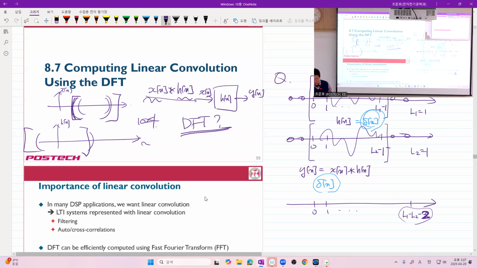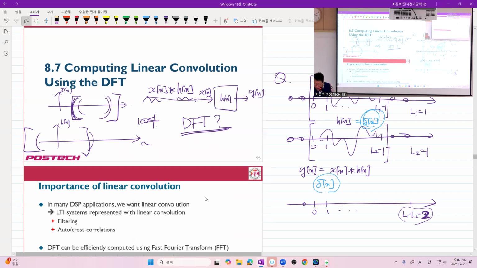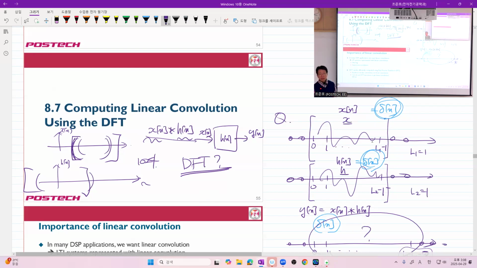So anyway, you want to fill up this part. You know these are all zeros. One of the ways is that you take this vector as x of length L1, and this vector as h of length L2, and use MATLAB to convolve these two vectors.